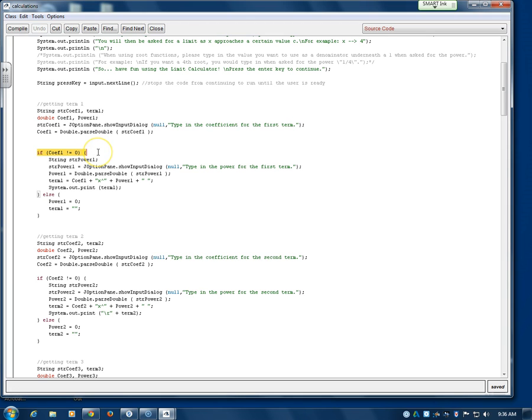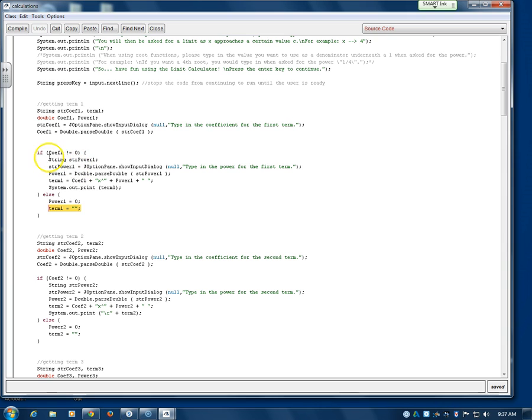If they type in 0, meaning they don't want the coefficient, it'll skip this part and just set the power to 0, and it'll set the term string to nothing, so it won't output anything.